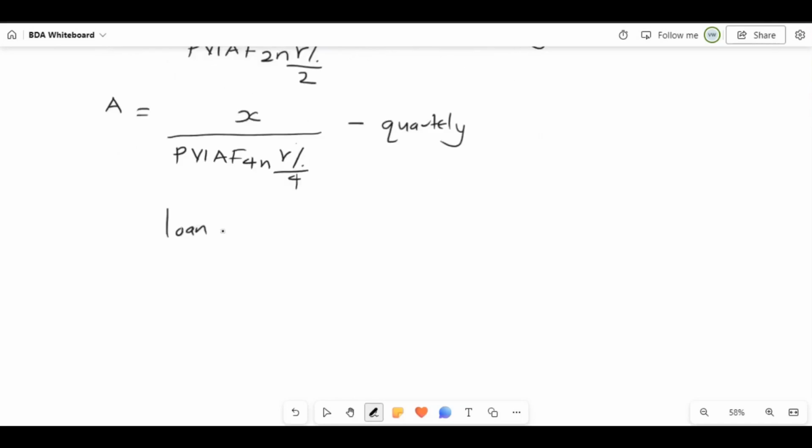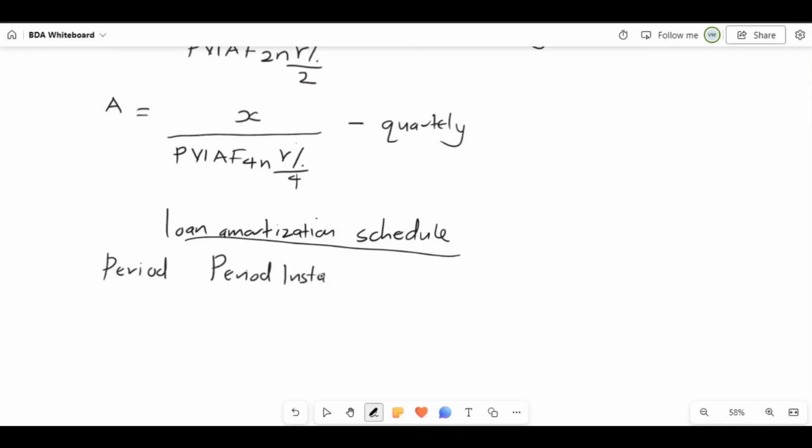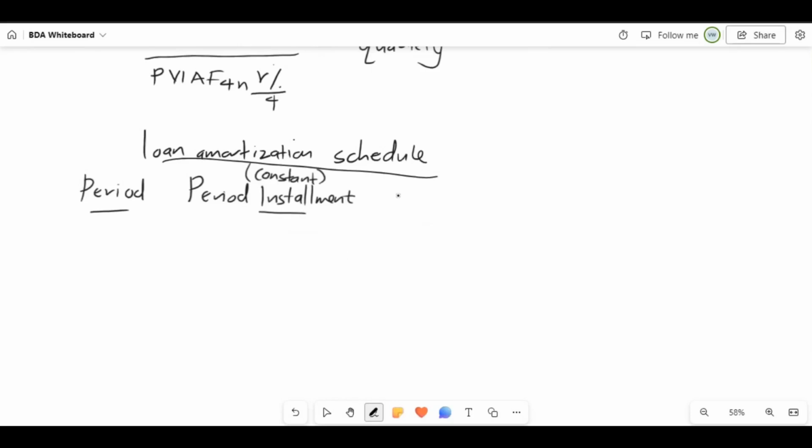In most cases we assume reducing balance, so the structure will have the period, the periodic installment which we'll have computed, which is constant all the way through, then the interest, the principal amount, and finally the loan balance.